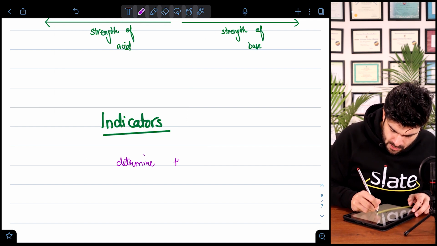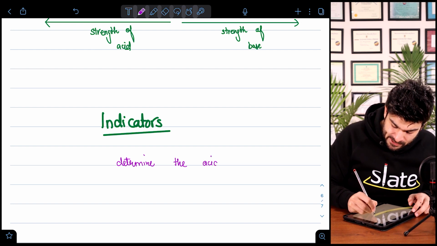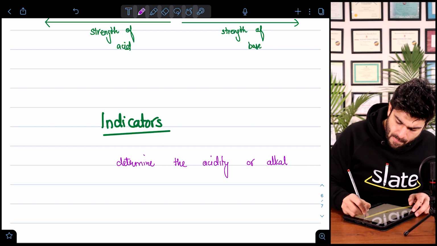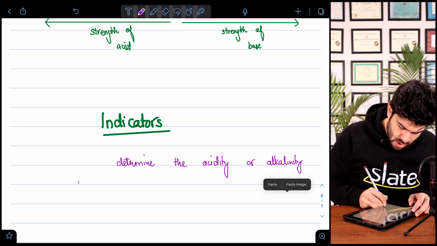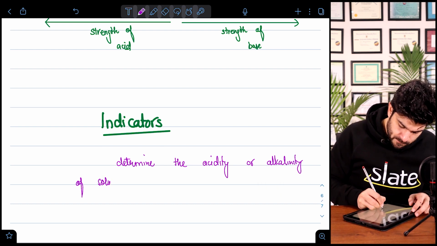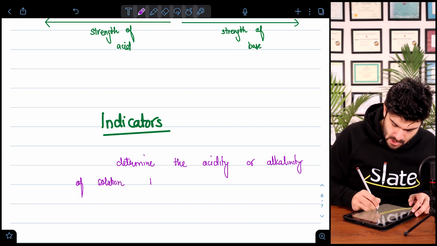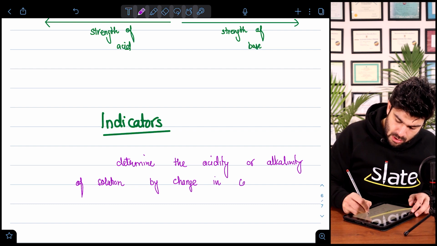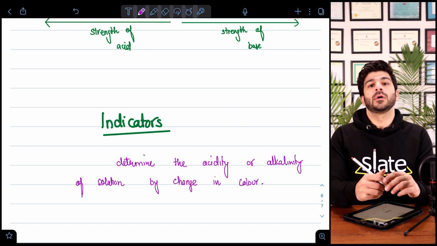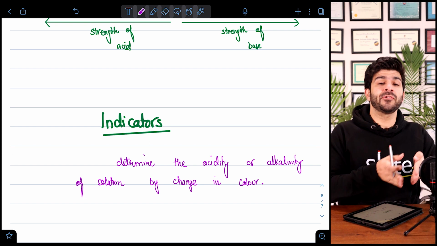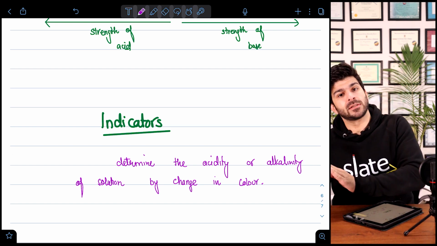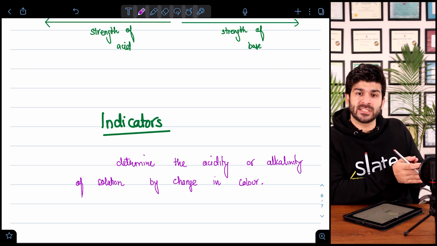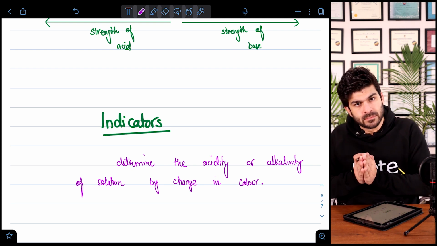Determine the acidity or alkalinity of a solution by change in color. So students, an indicator will have a different color in acids and a different color in bases. So that is how an indicator will tell us if a particular solution is acidic or basic.